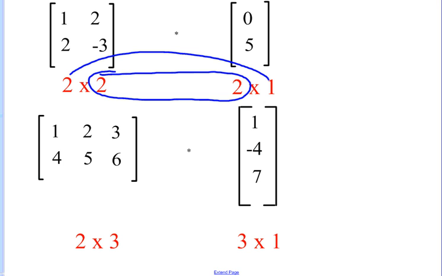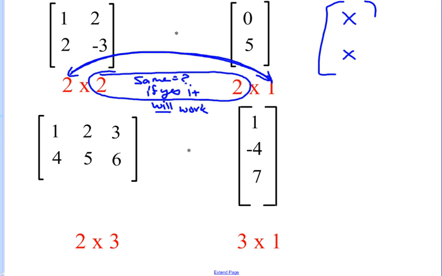So the inside ones tell you whether it works or not. So if they're the same, then yes, it will work. And it will have these dimensions. It'll be a 2 by 1 matrix that comes out. So a 2 by 1 looks like this. 2 rows, 1 column. Okay?